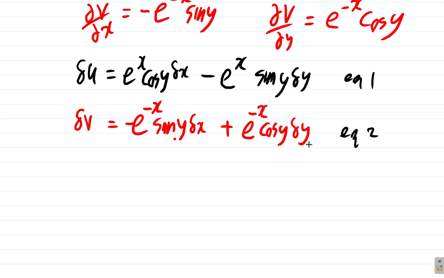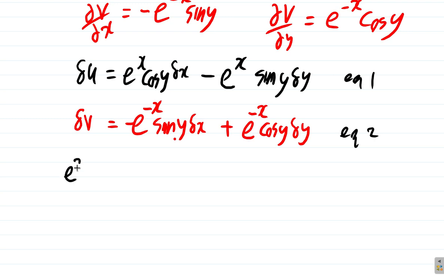Interesting. Now, what can we solve to find? Well, remember, in our usual simultaneous equations, what we could do is switch this around. Let's rewrite these and see what happens.